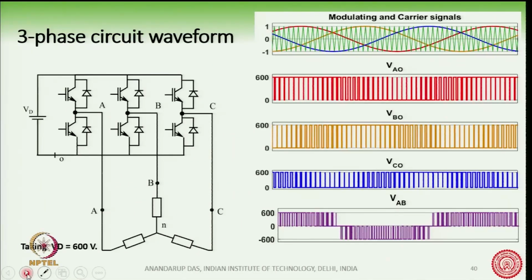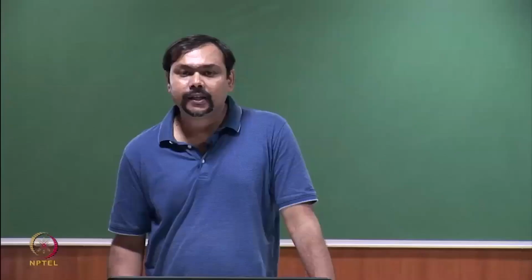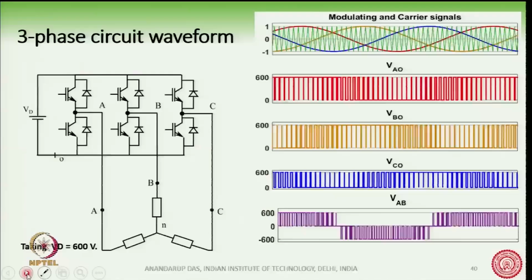Therefore, we are now showing you the voltage waveforms. As you can see here, if you see the modulating and the carrier signals, there is a high frequency carrier here, and then there are three waveforms for A phase, B phase and C phase, the red one, the orange one and the blue one here, and they are perfectly balanced.